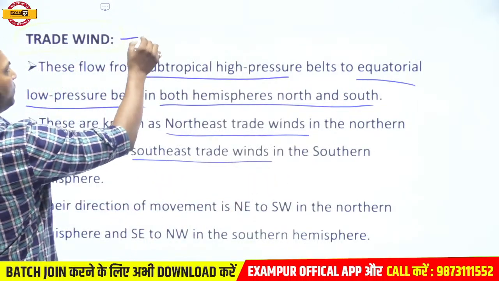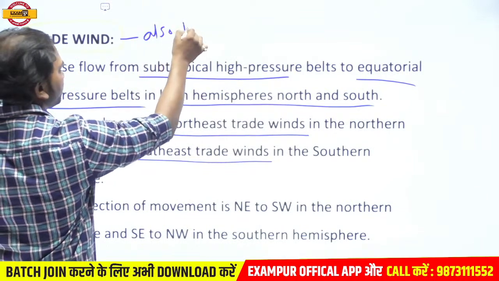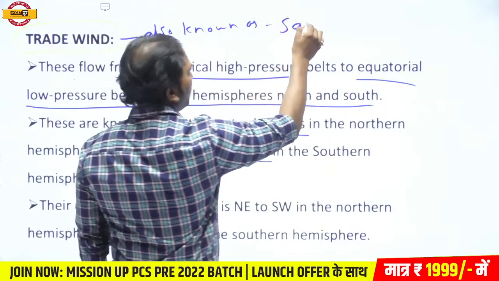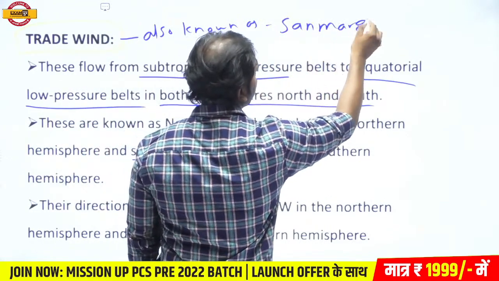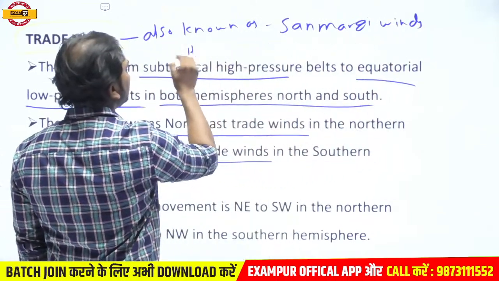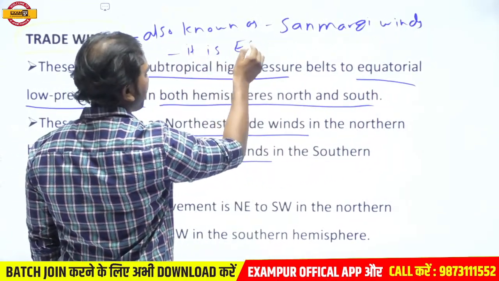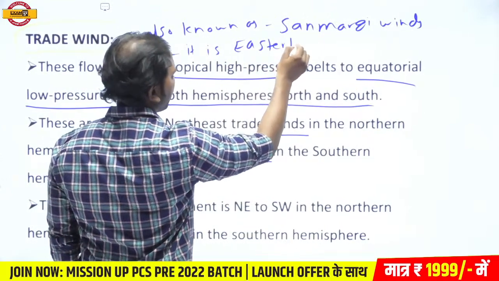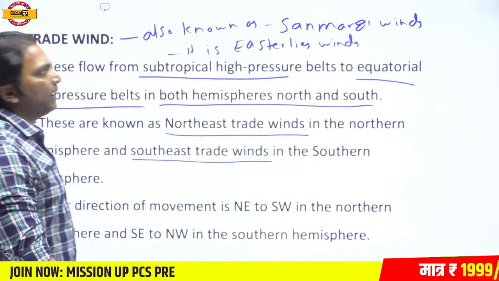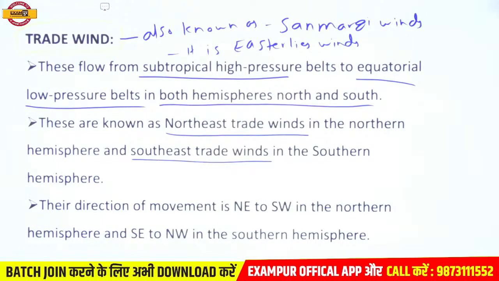Trade winds are also known as Sanmargi winds. They are easterly winds. These two points you have to add also.